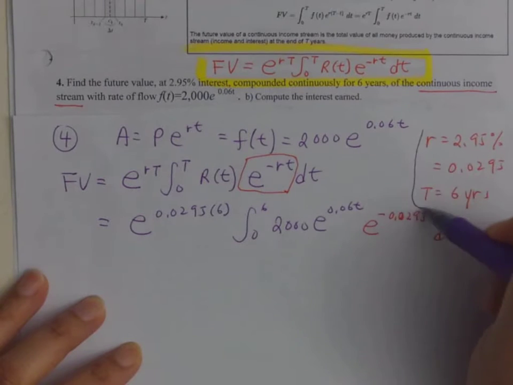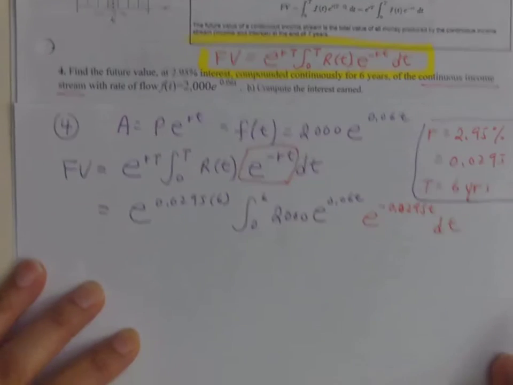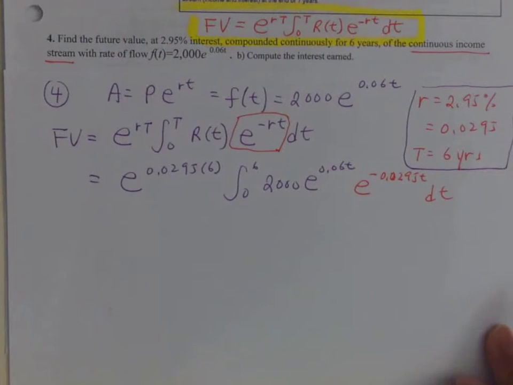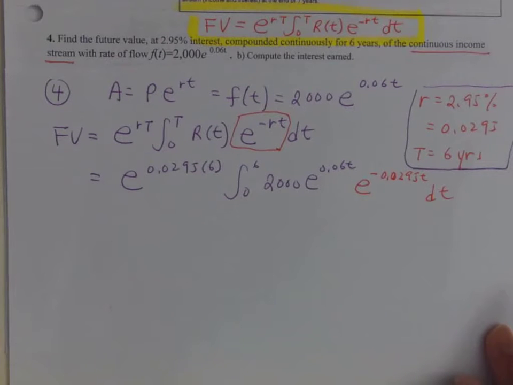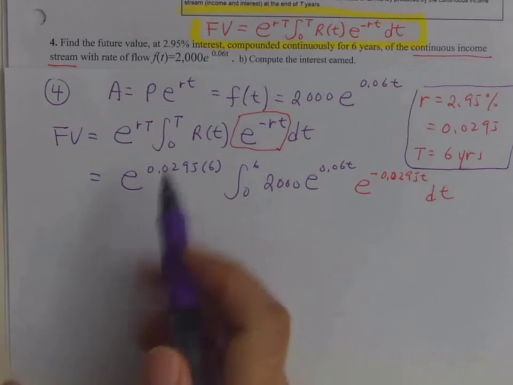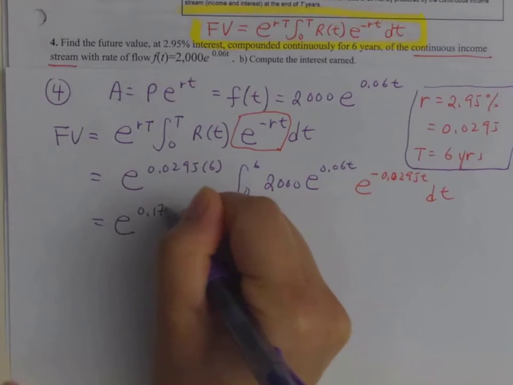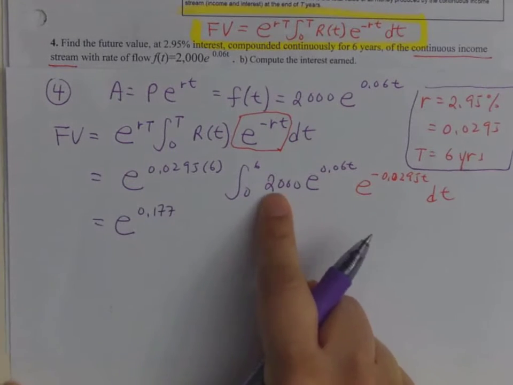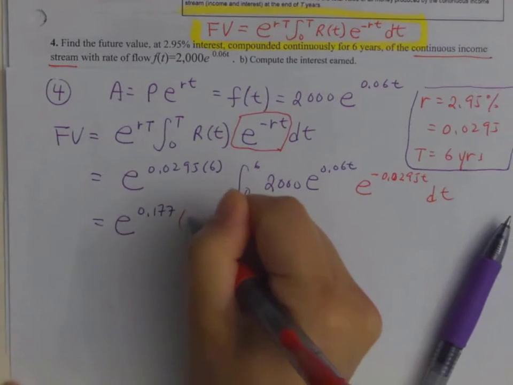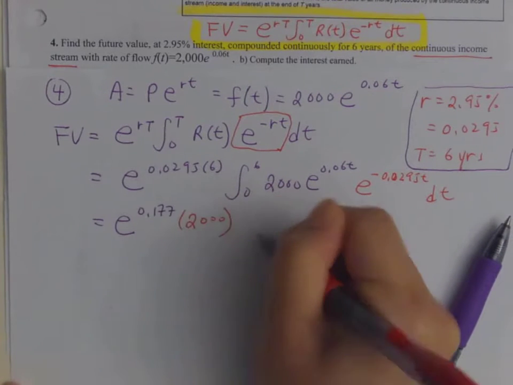Okay, so that looks really complicated. Several things we can do. We can multiply the exponents here, so it's going to be e raised to 0.177. I can move this constant outside, so I can move the 2000 out.